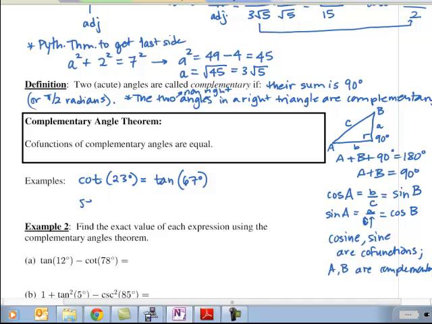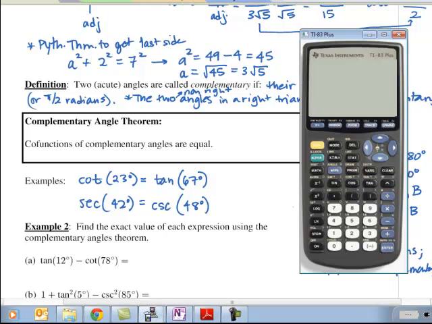Or secant of 42 degrees should be the same as cosecant of whatever 90 minus 42 is, 48. Grab your calculator and just double check that that's correct.